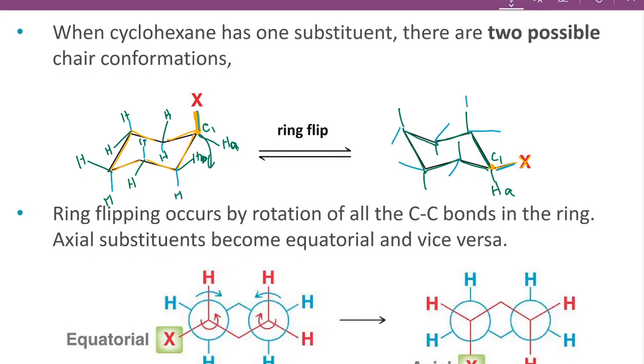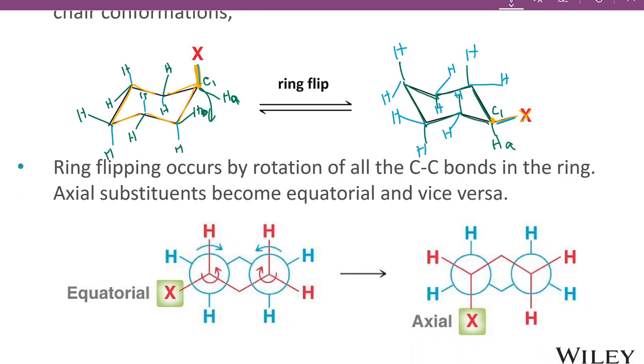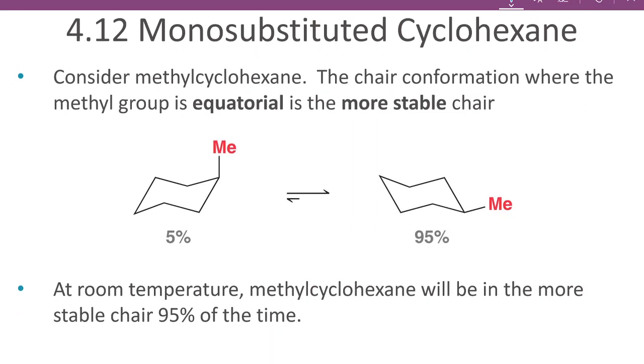So all of the substituents that were axial are now equatorial. All of the substituents that were equatorial are now axial. But if they were up, they stay up. If they were down, they stay down. So here's what's happened. Our ring has flipped. We're going to look at a lot of different examples of this.